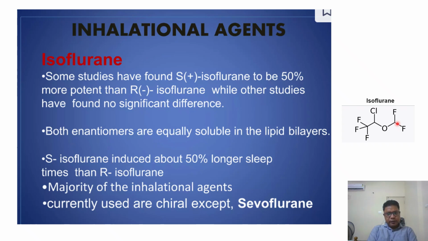Both enantiomers are equally soluble in lipid bilayers. S-isoflurane induces 50% longer sleep time than R-isoflurane. The majority of inhalation agents currently used are chiral, except sevoflurane. So you can see that mostly the inhalation agents are enantiopure in nature.